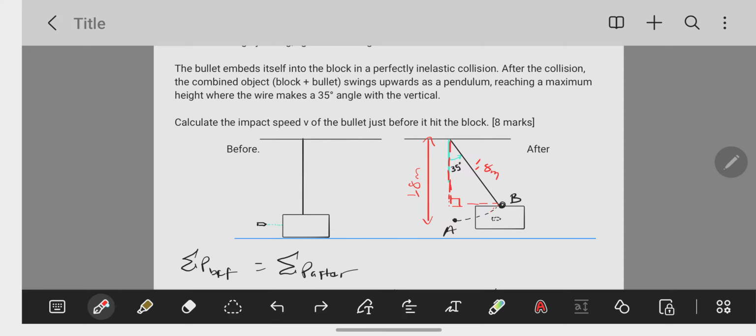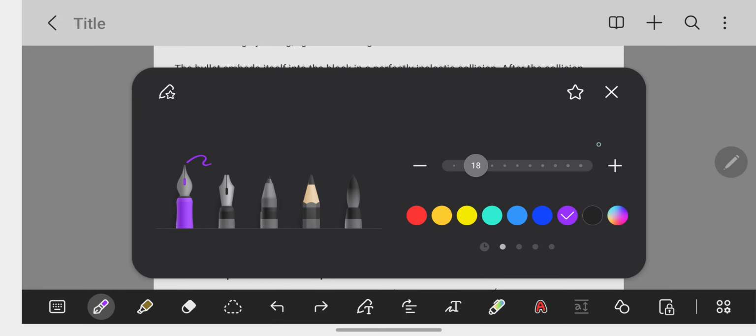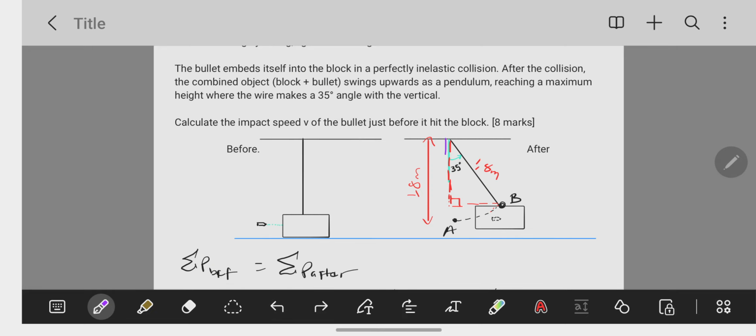Okay, let's just use a different color here. So I need to find what this length is. So we can just use simple trig. So this is the adjacent side, since I know this angle. So that's the adjacent side. And then that's the hypotenuse, so I use cosine.